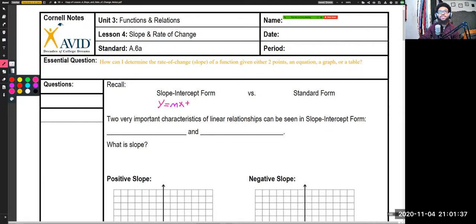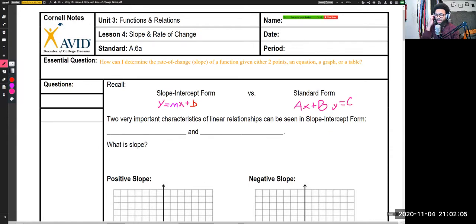I'll do the b in red. That's our slope intercept form. And then we also have a standard form, which was Ax plus By equals C.